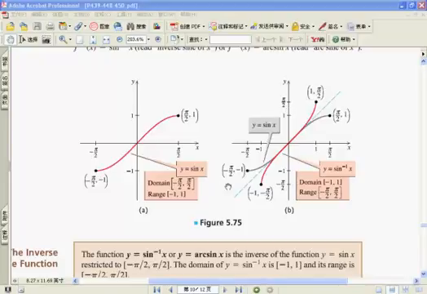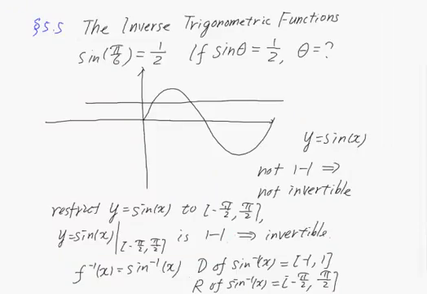Sometimes we also call this inverse sine the arc sine, like this. So we may use another notation, the arc sine of x. This is the same as the inverse sine of x. Why?